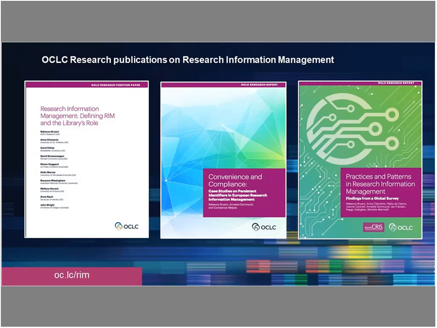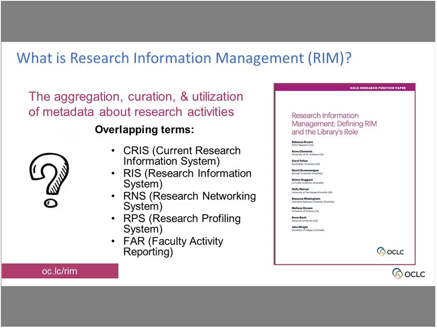And finally, the last report was a joint effort with CRIS, and it was a global survey of RIM practices in which we received nearly 400 responses from more than 40 countries. It provides a comprehensive view of RIM practice and also sharpens our view of regional distinctions. And my co-presenters today have been collaborators on one or more of these publications.